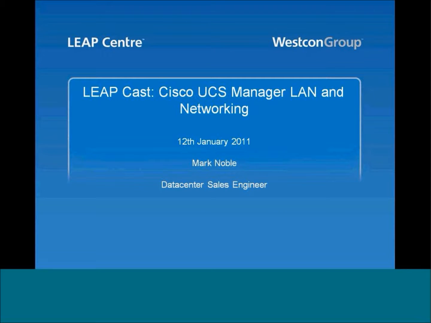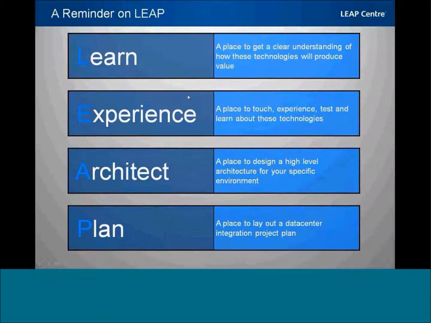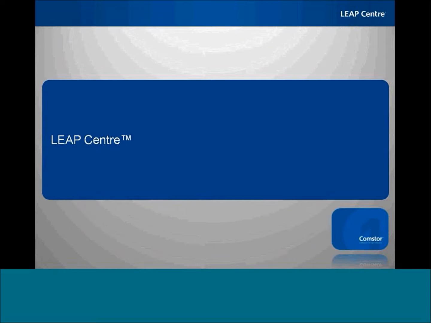Just a little about the Leap Center before we start. LEAP stands for Learn, Experience, Architect and Plan, and it's our state-of-the-art Cisco Data Center UCS Demonstration Center based out in Brussels. We've got full remote access to the system.